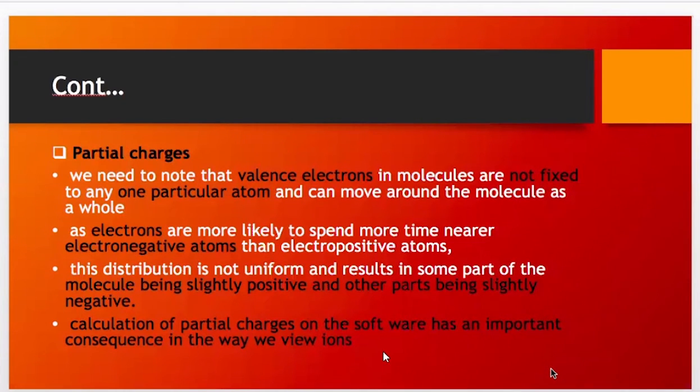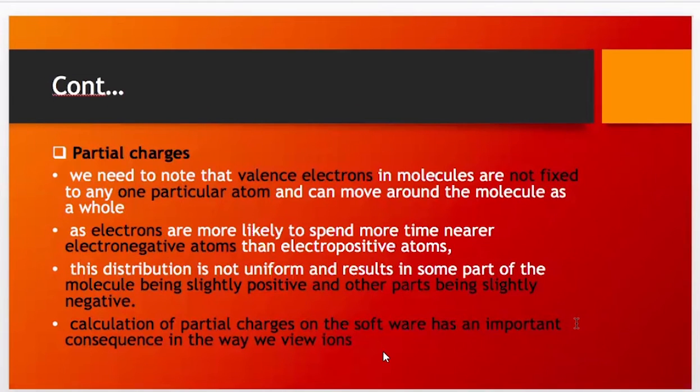Anyway, these electrons or charges, we put them as if they are supposed to be fixed at a certain position. But with these computer softwares, you find that the valence electrons are not fixed at a particular atom, but rather occupy a specific region of a compound or a group. I'm going to show you something later on.